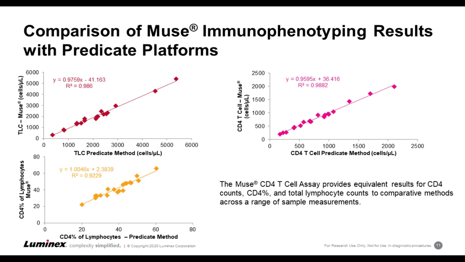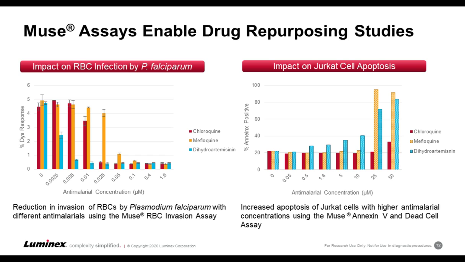And what we see based on this data set is that we are really getting very nice correspondences, very nice correlations and slopes for the measurements of total lymphocyte counts, CD4 T cell absolute count, as well as CD4 percentages of lymphocytes. And all of this can be obtained using only 10 microliters of blood per sample.